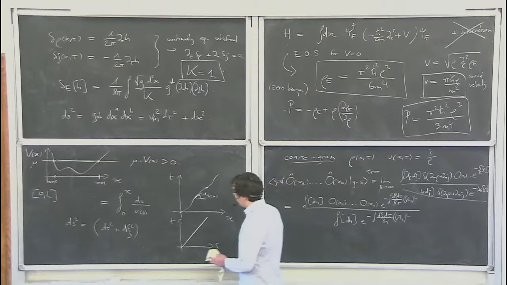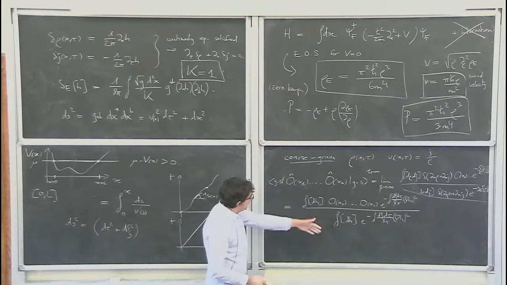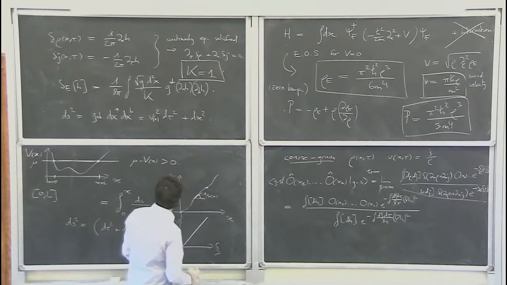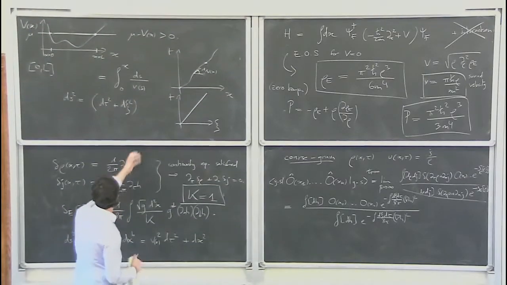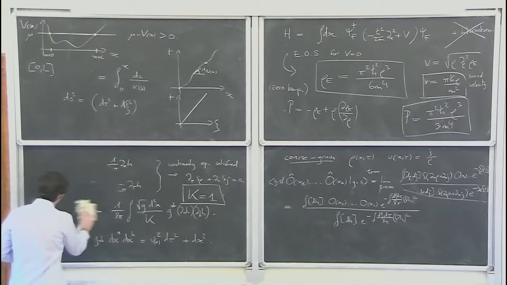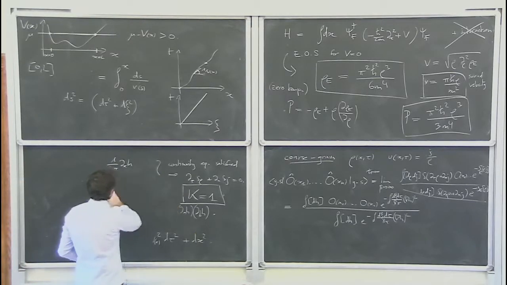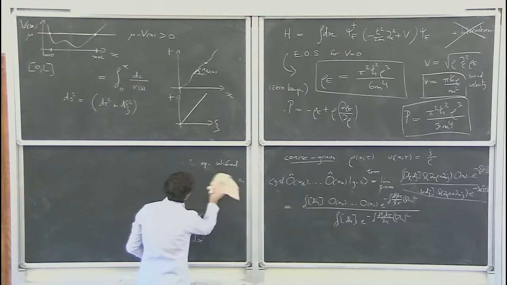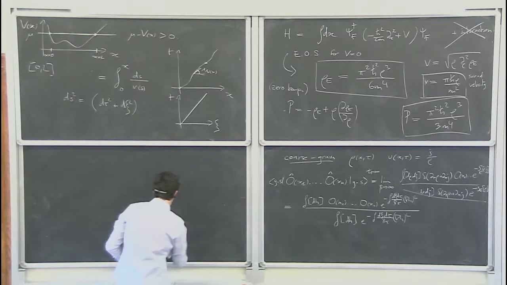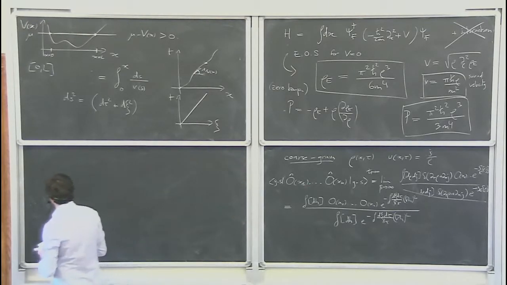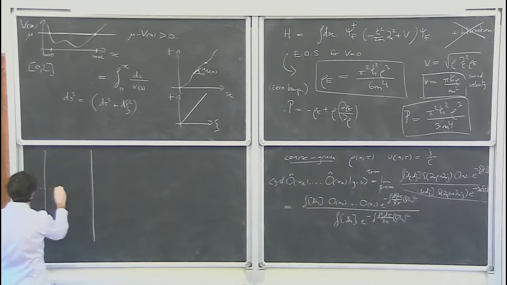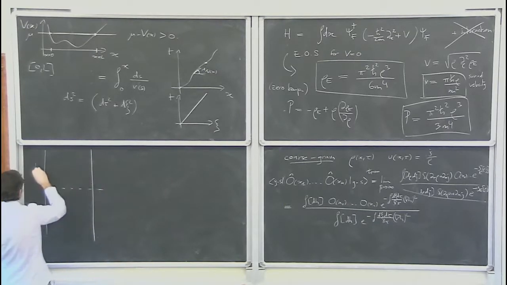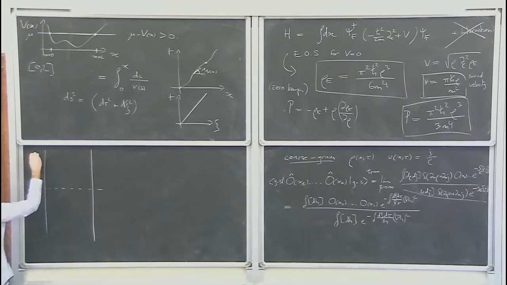Here h is a field that lives in the following domain. This direction is time, or imaginary time, so it's tau.